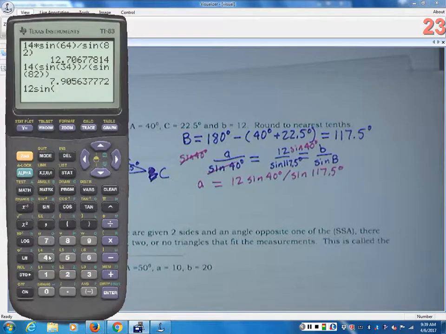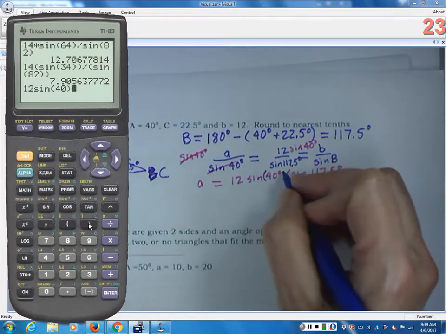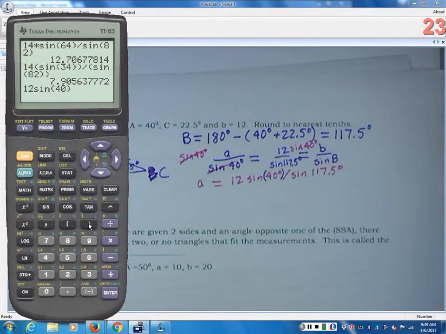I've got to close the parentheses though. On your calculator, if you don't close this parenthesis, it thinks you're still in the sine. Then divide by sine of 117.5.